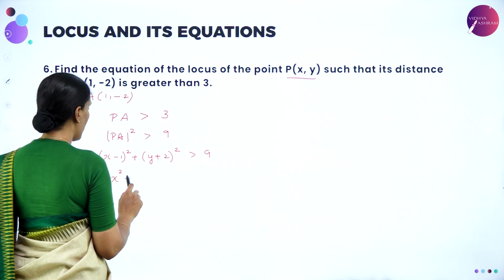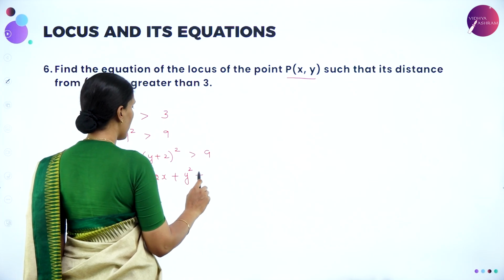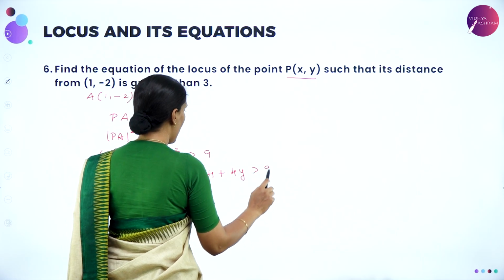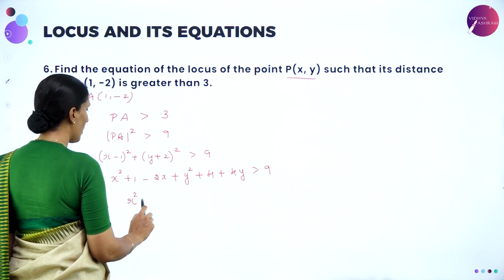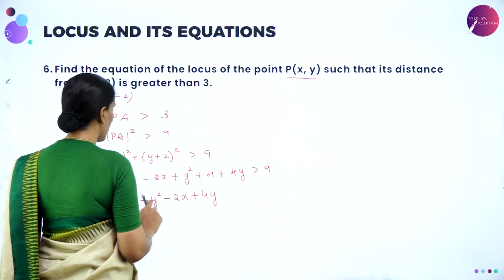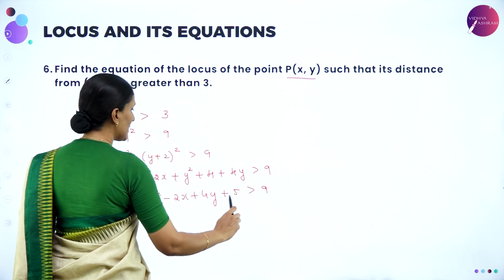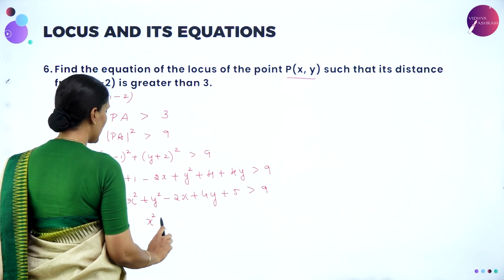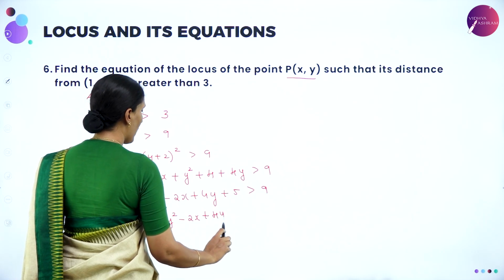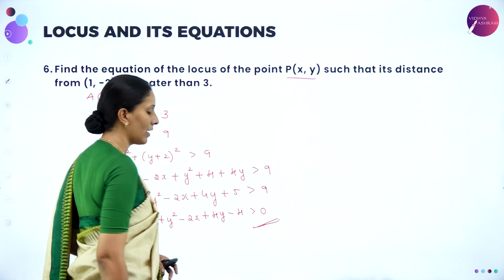So x square plus 1 minus 2x plus y square plus 4 plus 4y greater than 9. So here we will get x square plus y square minus 2x plus 4y, and 1 plus 4 is 5, plus 5 greater than 9. So let us subtract 9 on both sides. Then we will get x square plus y square minus 2x plus 4y minus 4 greater than 0. So this is the required equation.